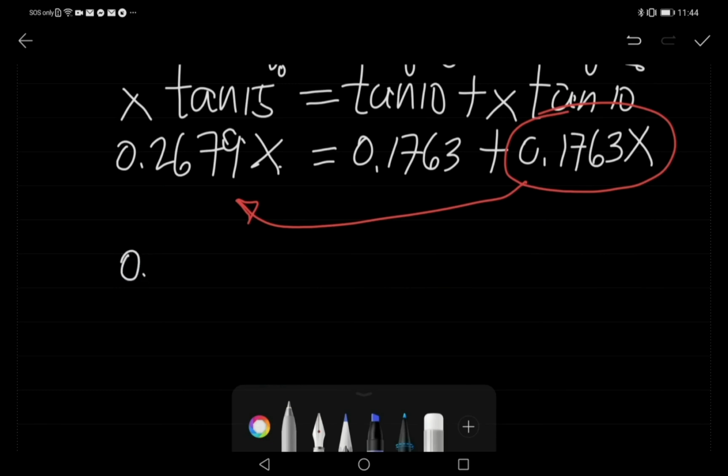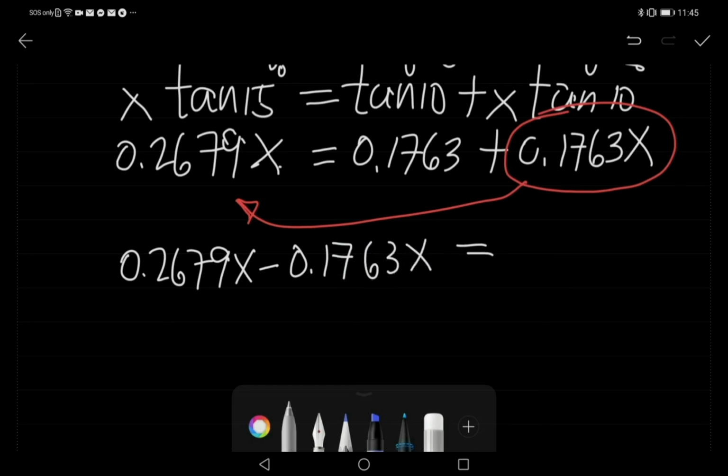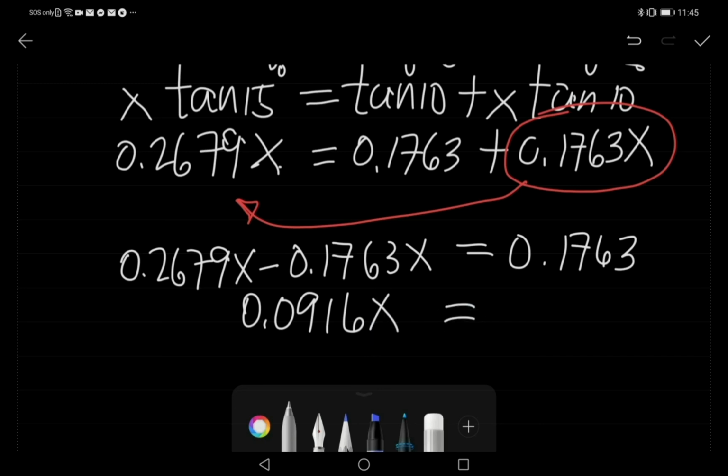So 0.2679x minus 0.1763x equals 0.1763. 0.2679x minus 0.1763x is 0.0916x.